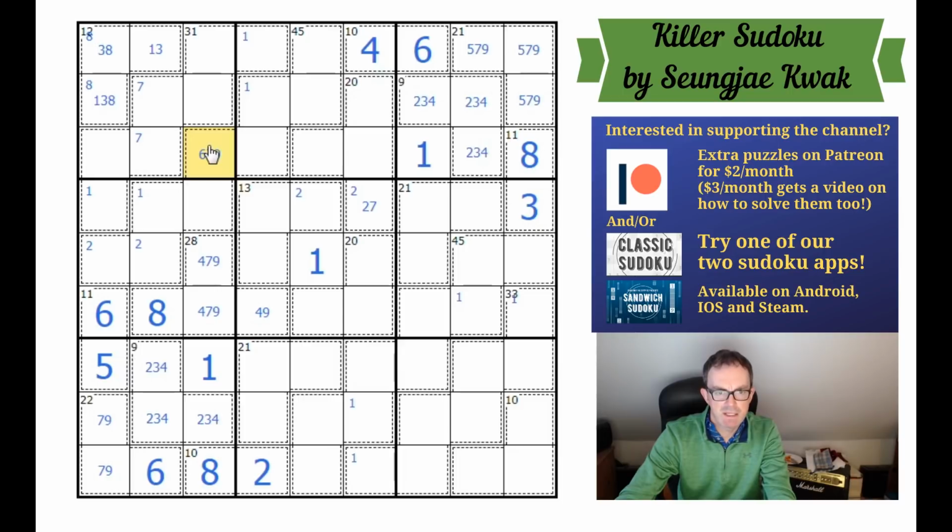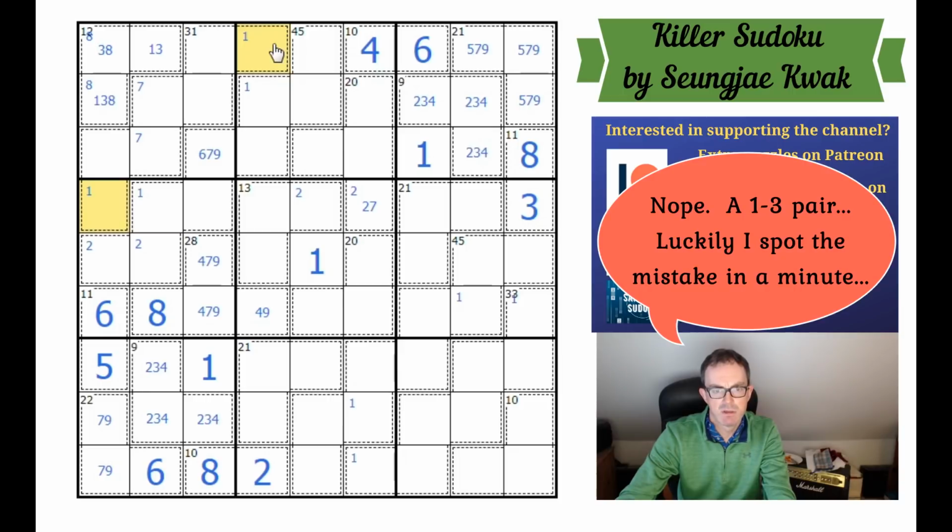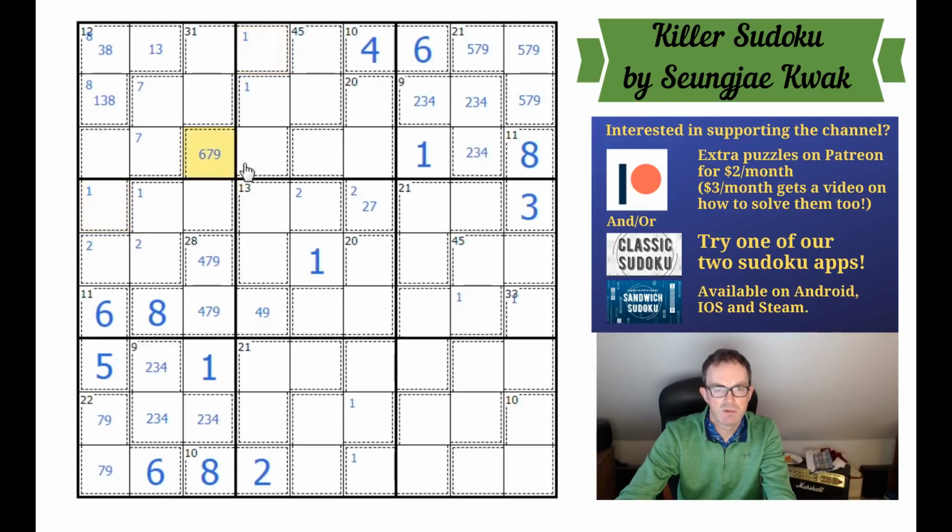So if it's 6, this would have to be a 1, 5 pair. I can't see why that isn't. Well, there's a 5 there. Is there a way of limiting the 5 over on this side? Don't know. This can't be a 7, because I've got 7s pencil marked in there already.